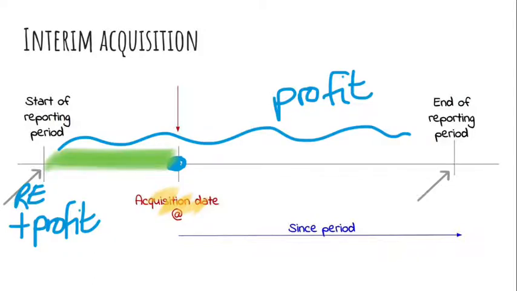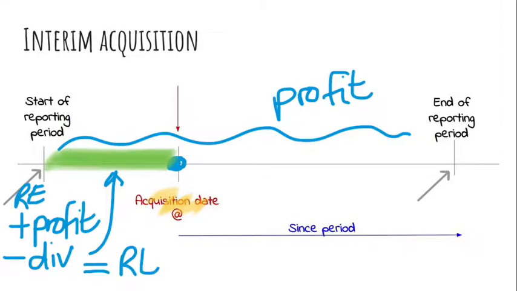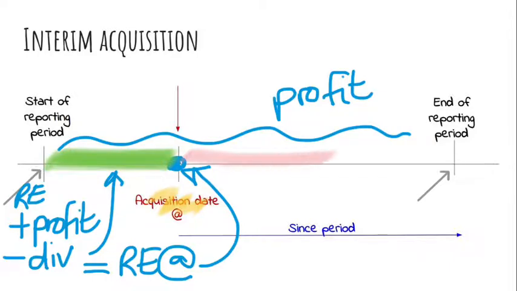From that, you can then deduct any dividends applicable to this portion of the reporting period, and that will then give you the retained earnings at acquisition date that you can eliminate for purposes of the at acquisition consolidation journal entry. When you then work with the since acquisition date period, this is now the only profit of the subsidiary that is allowed to be in the group for purposes of the consolidation process.